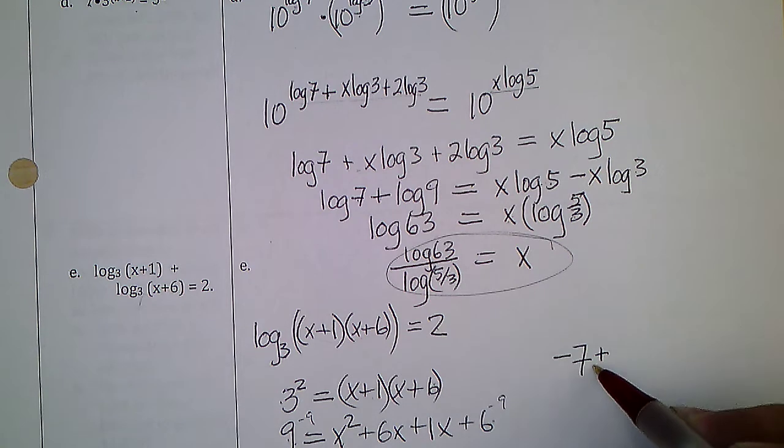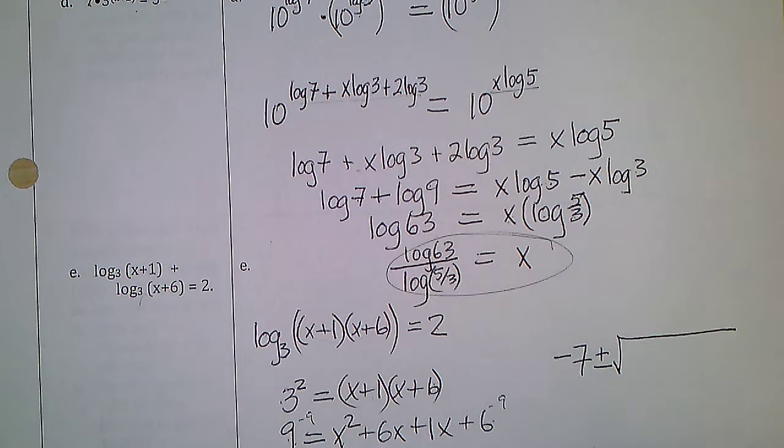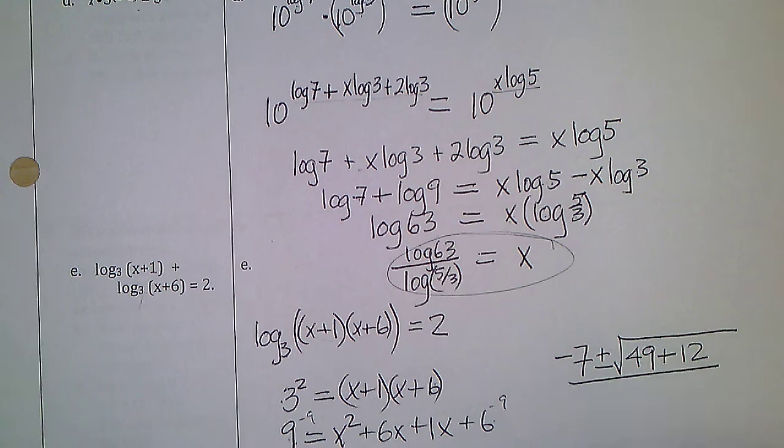-7 plus or minus the square root of 7 squared is 49, minus times plus times a minus is going to be plus. 4 times 1 is 4, times 3 is 12, over 2a, and that's going to be 2, and all of it.